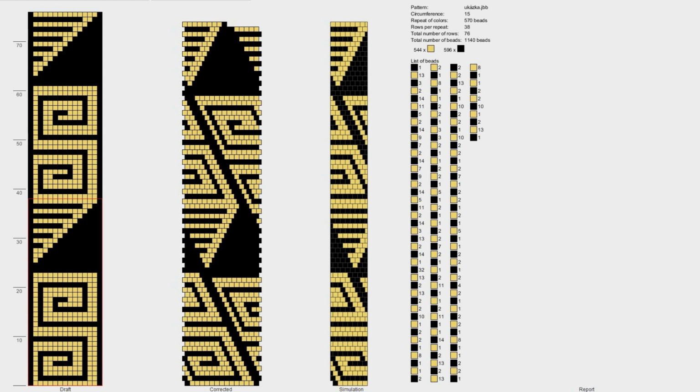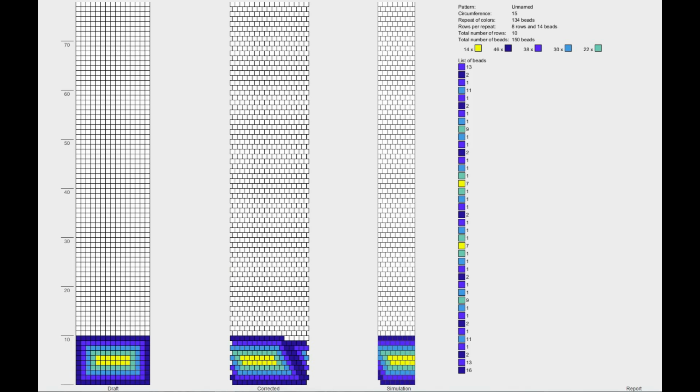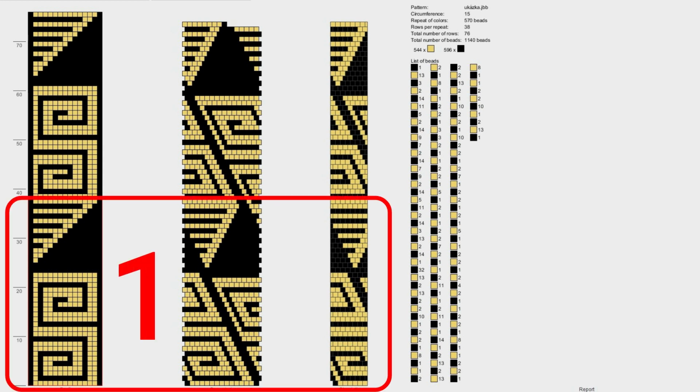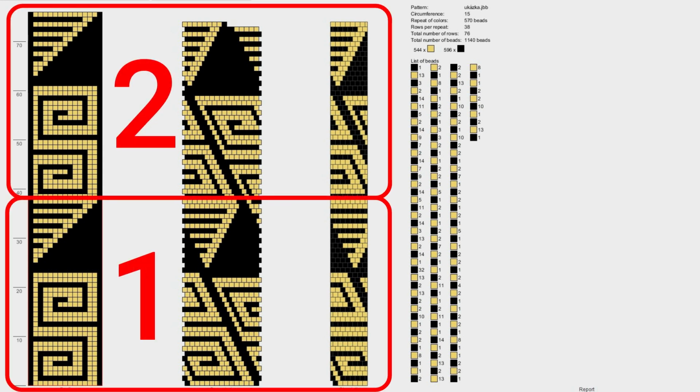One repetition of the pattern is enough to make the length of the bead crochet rope we want. For example, there is 1 repetition of the pattern. More repetitions are good for a better idea of how the finished rope will look. For example, in this pattern you can see 2 repetitions of the pattern, the first and the second.